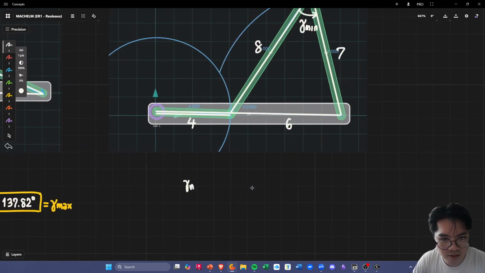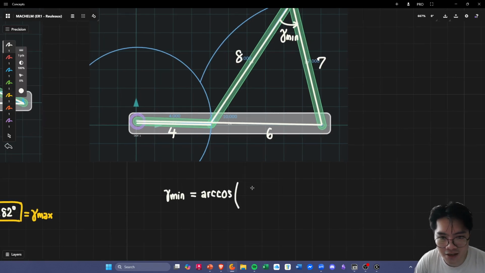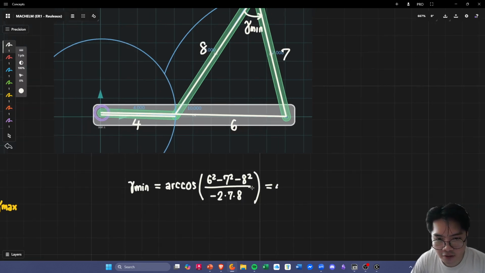Honestly, we can do this immediately, since you guys hopefully can see the pattern: 6 squared minus 7 squared minus 8 squared all over negative 2 times 7 times 8. You will have 46.57 degrees. So there you go.